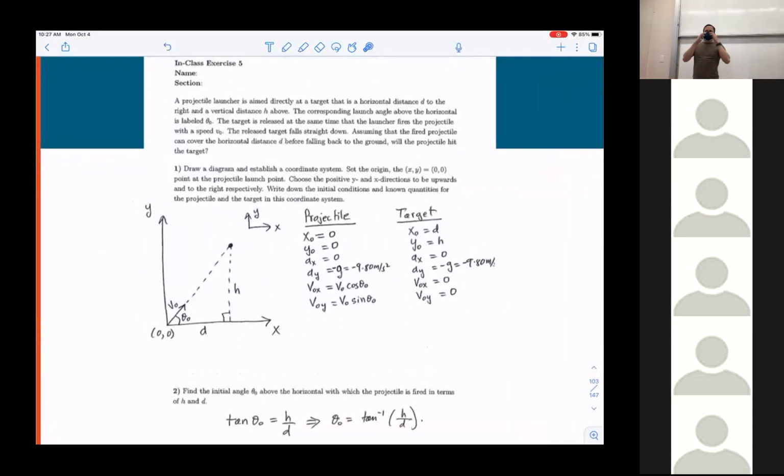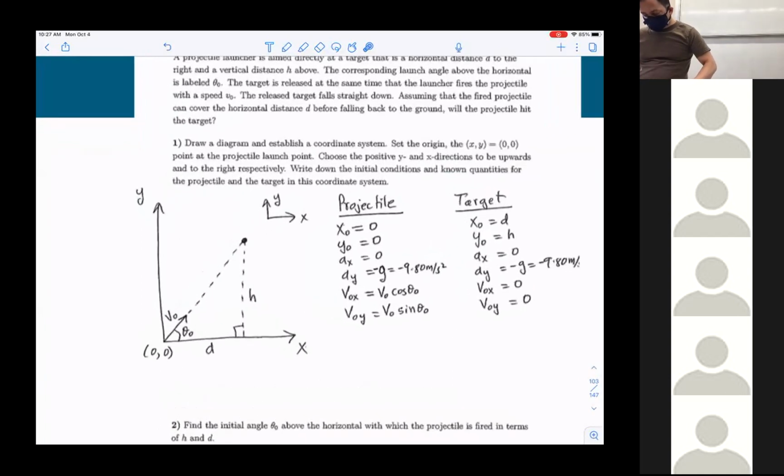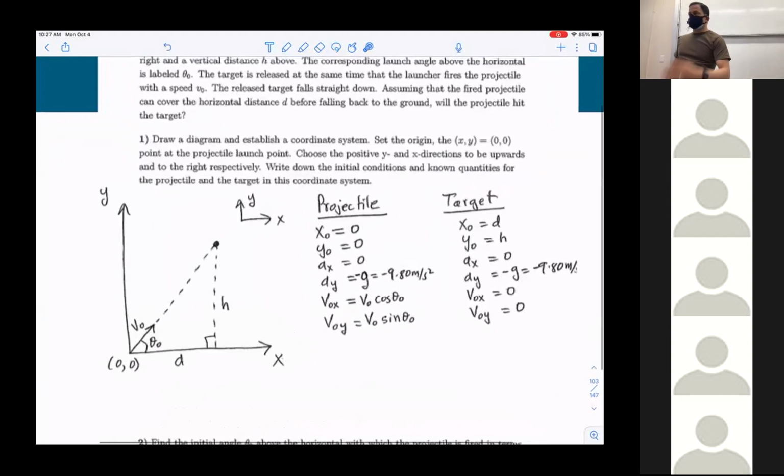So let's actually work this out and see what's going to happen, and see if we can set up the problem in a way that we can answer this question. So let's stare at this situation here and collect some initial information. We are told that there is some projectile that is launched from here. It is aimed at this target that's sitting over here.